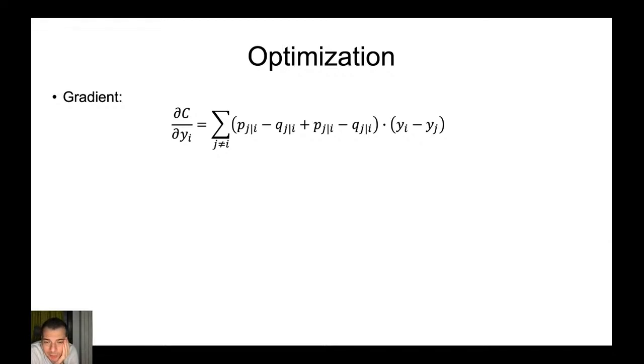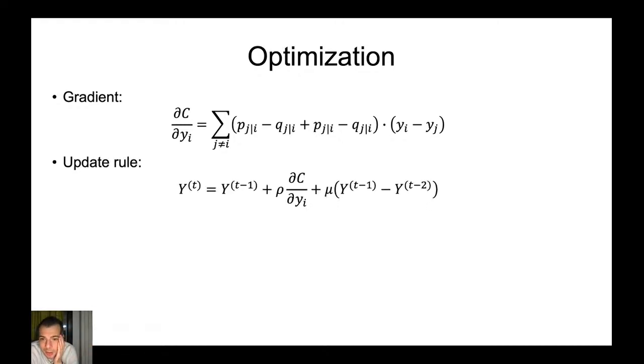So the optimization with SNE is based on gradient descent. So we have the gradient of the objective with respect to the targets. Remember that our targets are the mappings denoted by y_i and y_j. So this is the gradient. The update rule is based on gradient descent with momentum, and the update applies on y.